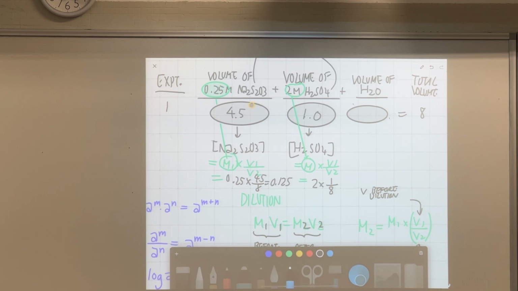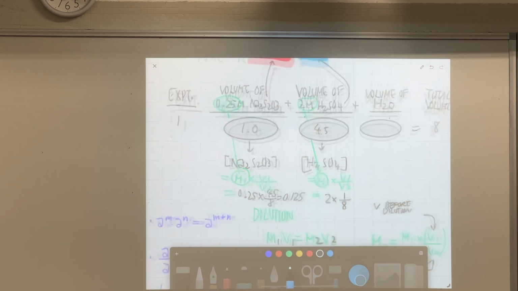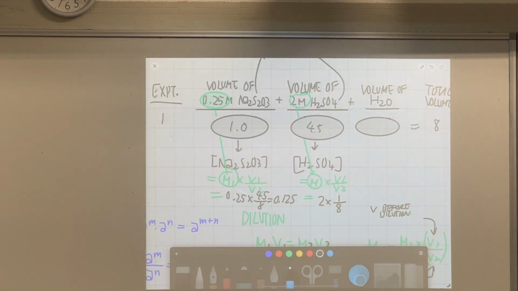Oh, you mean this one is... oh, right, yeah, because I swapped it around, so sorry, this should be 1, I bet. But yeah, in Excel, don't worry, you will have enough space. So you have 0.25 times 1 divided by 8.